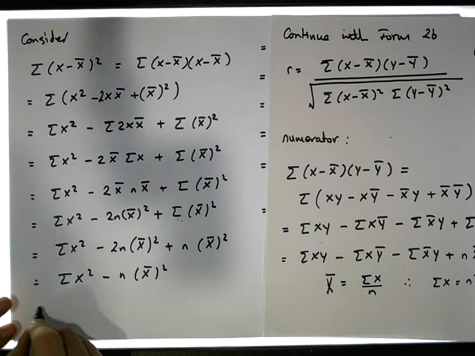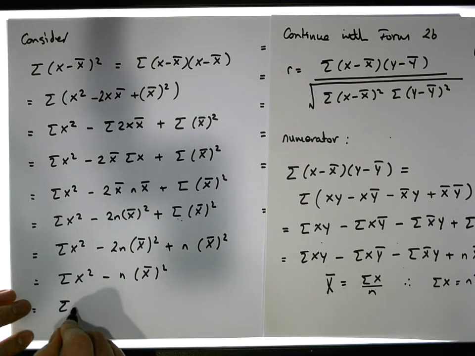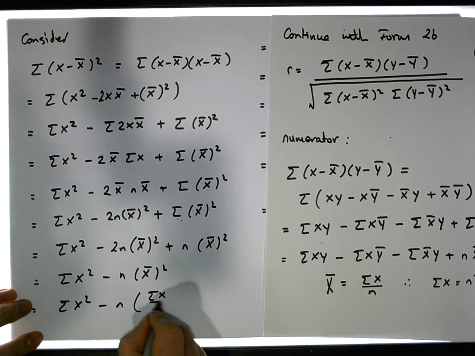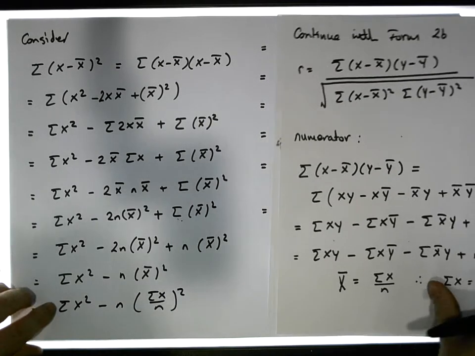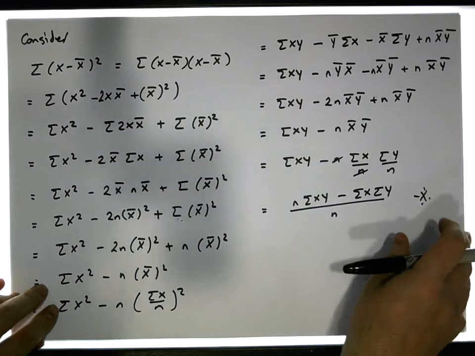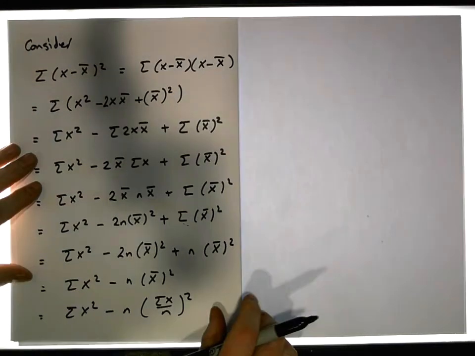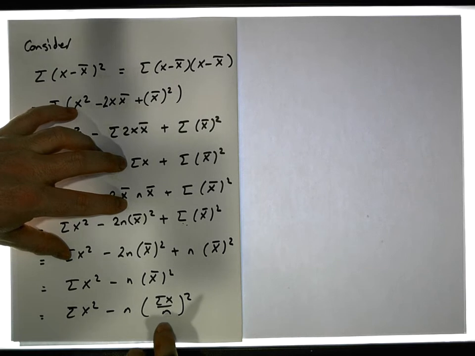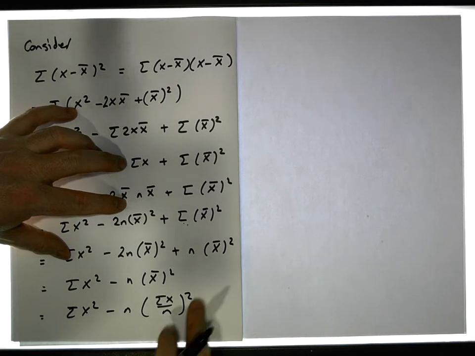So this just becomes the sum of the x squareds minus n times the sum of the x's over n to be squared. And we're nearly there. Just bear with it here for one more moment. Okay, it's a long video, I know, but we're doing a lot of these different forms of these equations here. So then what we end up with is that's n squared here, if that makes sense, when we square it, and there's an n here, so they cancel out.